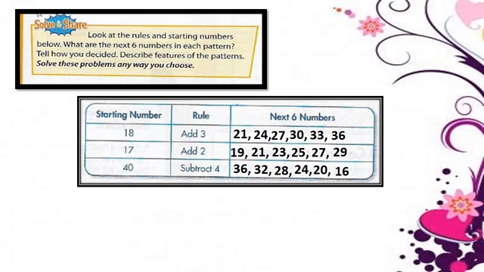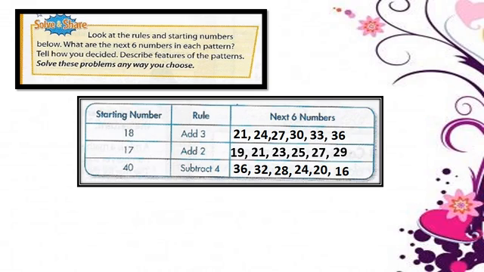So you have to make a pattern. Okay? This pattern is not being described by the rule. So there are some numerical sequences that have features not described by the rule. So looking at the next 6 numbers, what sequence feature can you tell about the numbers here on the chart?